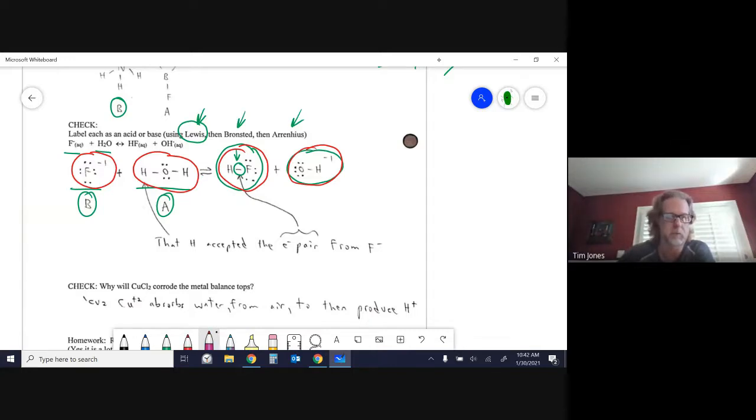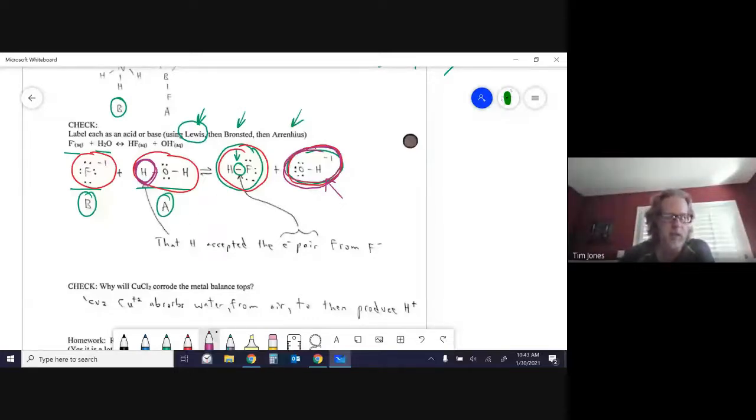It would be this one, according to my drawing. But again, you could have picked either one. So that makes sense. And you might think, well, it doesn't work for the base. The base is not giving off a hydroxide, but indirectly it is making a hydroxide over here. So it doesn't really fit the Arrhenius, but I suppose if you stretch it a little bit, you can say that it indirectly gave off a hydroxide.